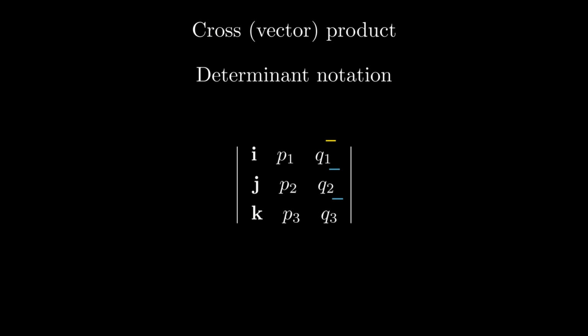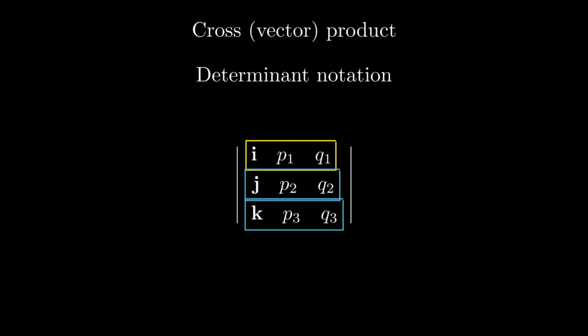So if we represent the vectors in a way that is like the determinant, we can eliminate rows and find the determinant of the remaining 2 by 2 matrix, and then calculate the element based off of this.